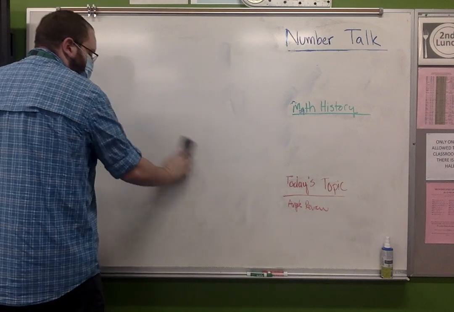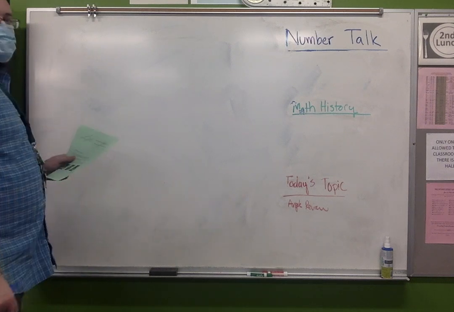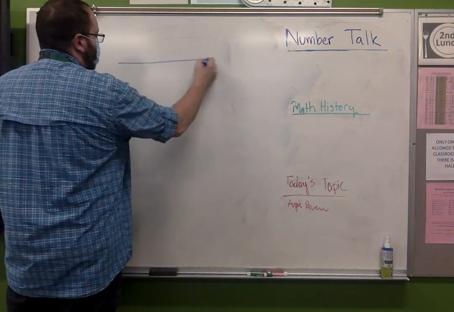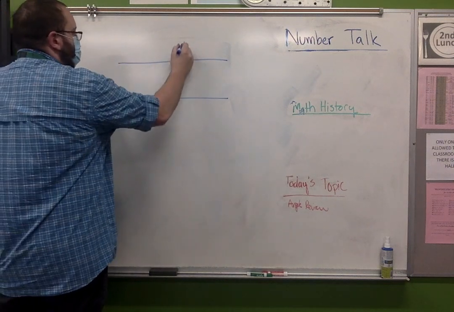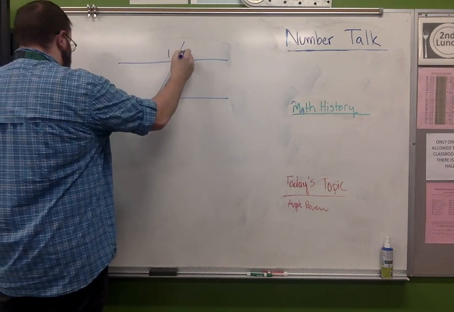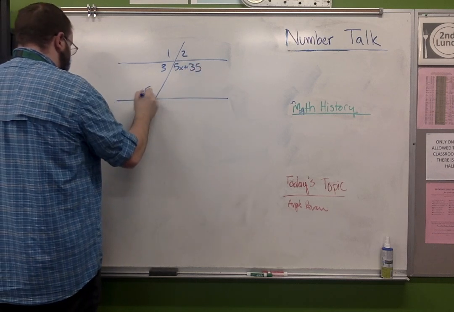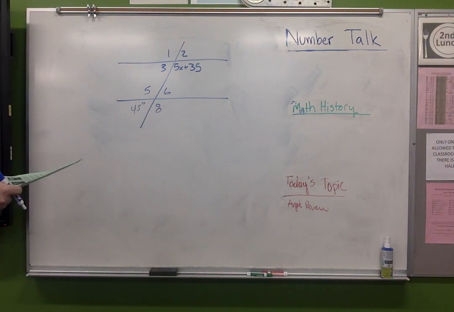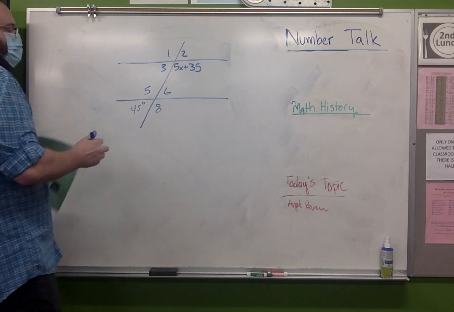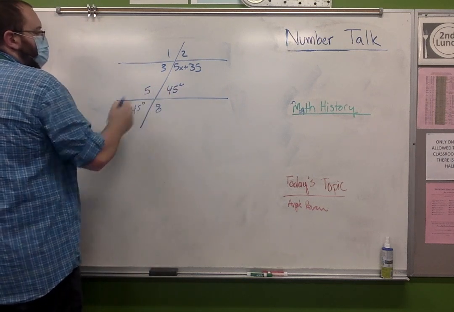Okay, this next one. We want to find what x equals on this next one. I know that angle 6 has to be 45 degrees because these are vertical angles.